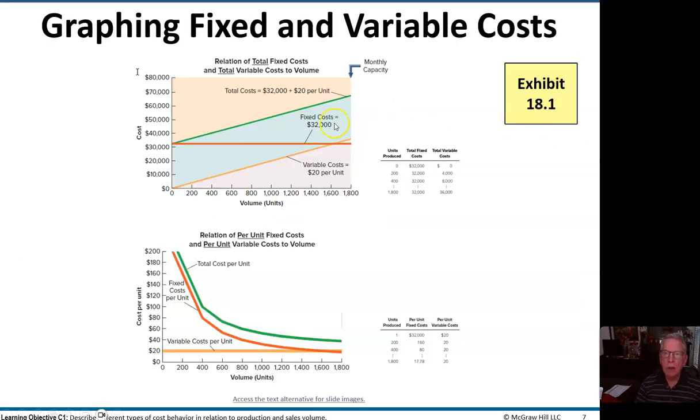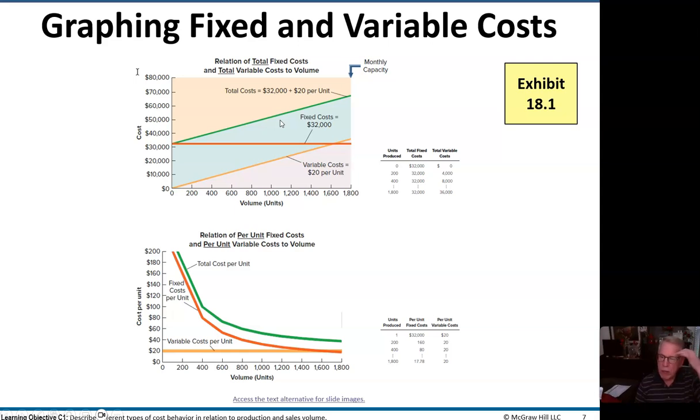So now let's look at graphing that. This is a nice little graph, I think, because here's our fixed costs. And on top of that, we're putting the variable costs here. They graph it so that it's paralleled up here. Okay.